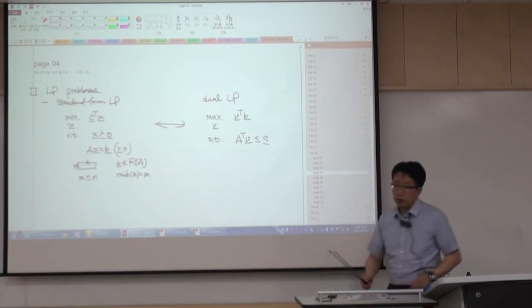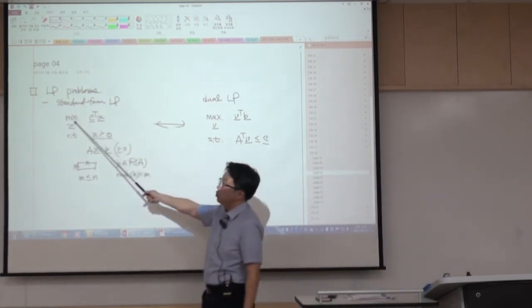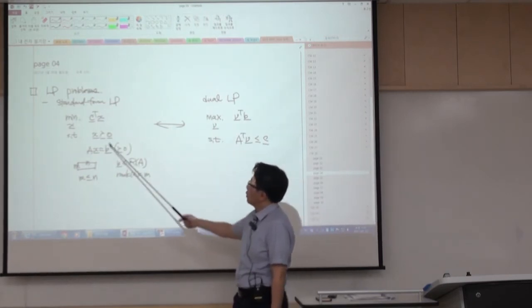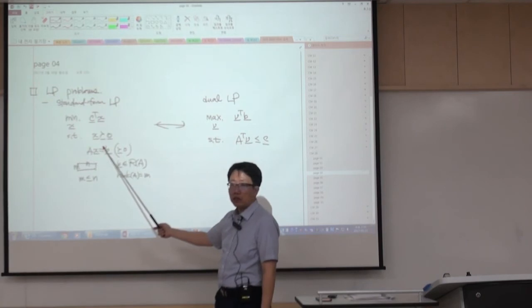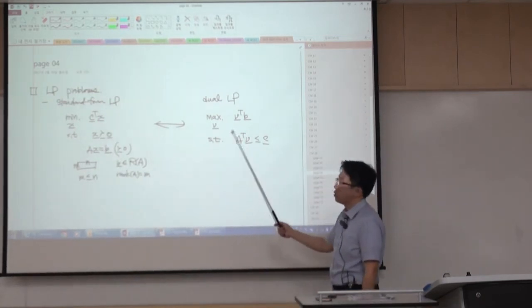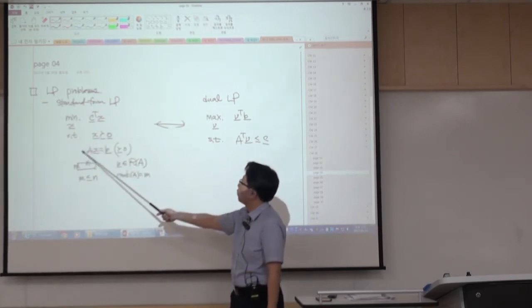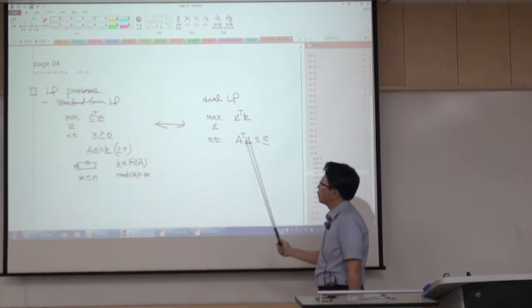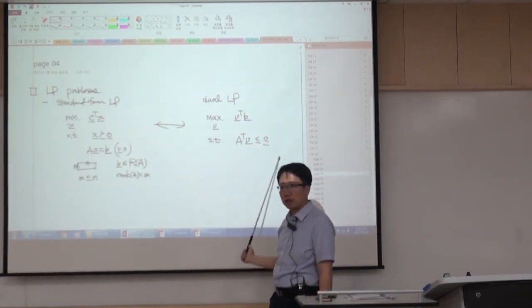Got it? And as you see, the min changes to max, the equality constraint is changed to this, and the inequality constraint changes to, for example, an equality constraint.